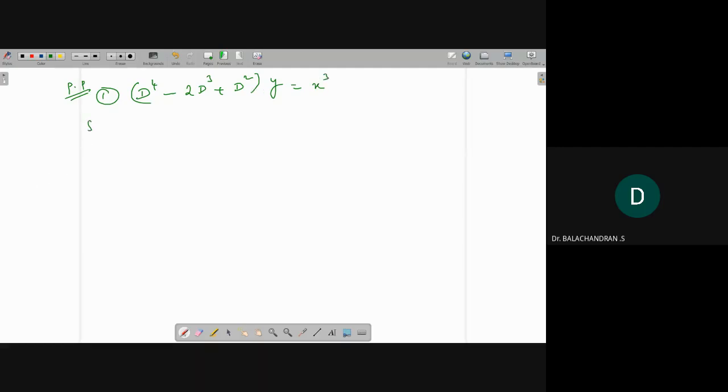The solution is y = c1 + c2 x + (c3 + c4 x) e^x + x^5/20 + x^4/2 + 3x^3 + 12x^2.